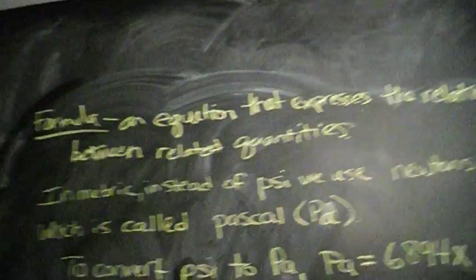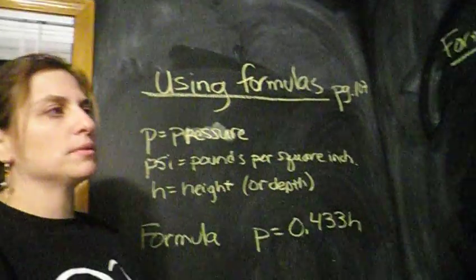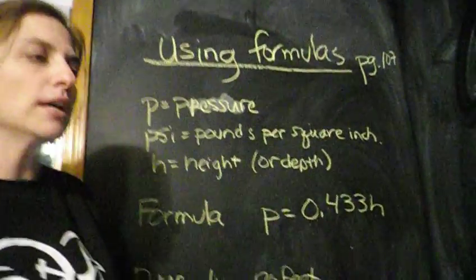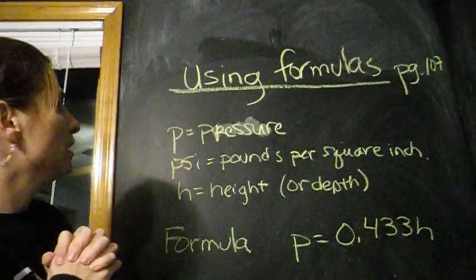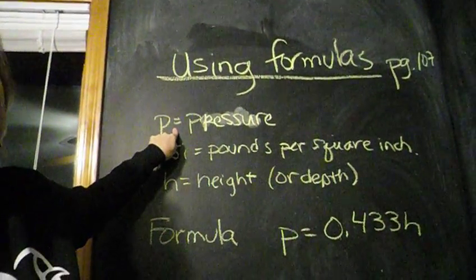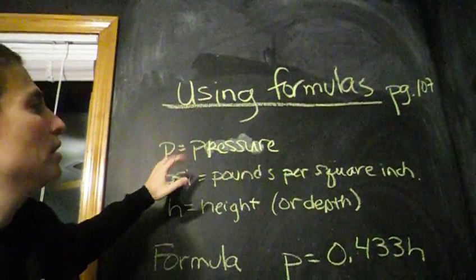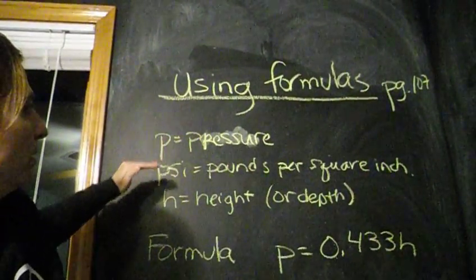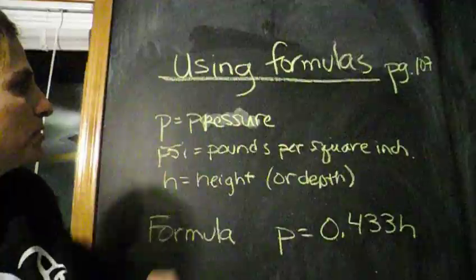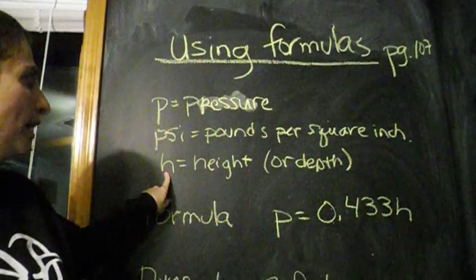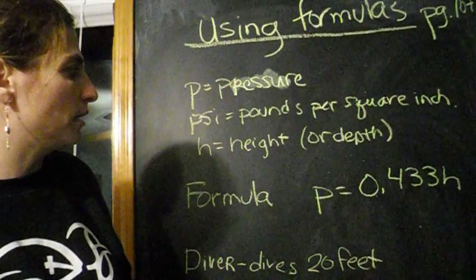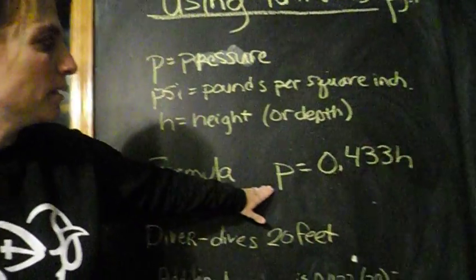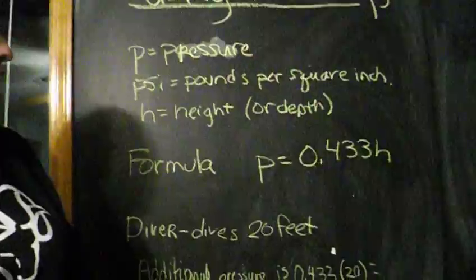So, one of the formulas the book talks about, it's talking about a diver at the beginning of the chapter, or at the beginning of this section. And it says P stands for pressure, so how much pressure somebody's feeling. PSI is pounds per square inch. H stands for height or depth. So a formula for a diver is P equals 0.433H.